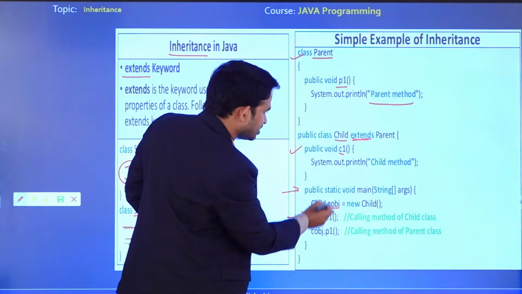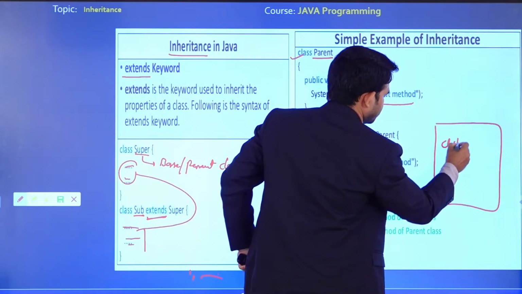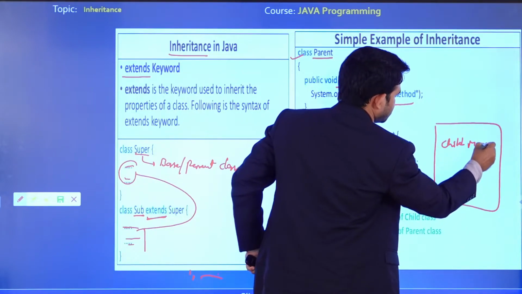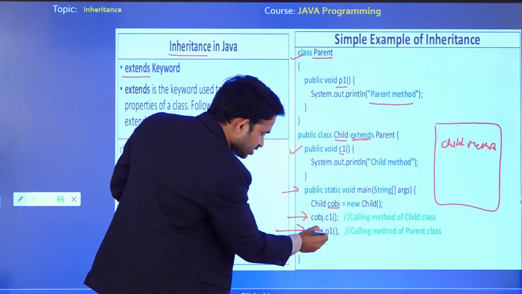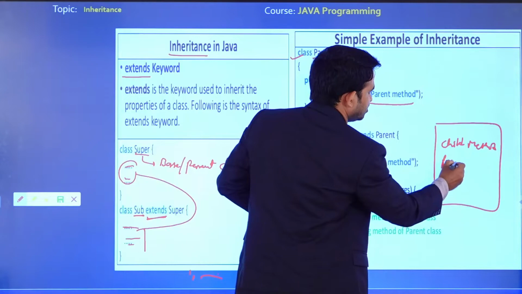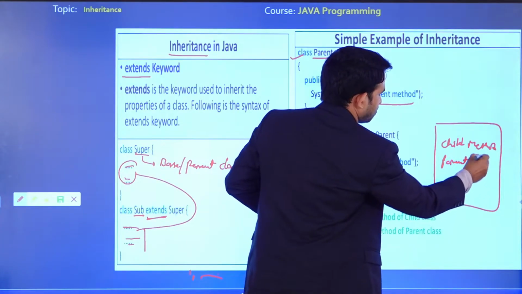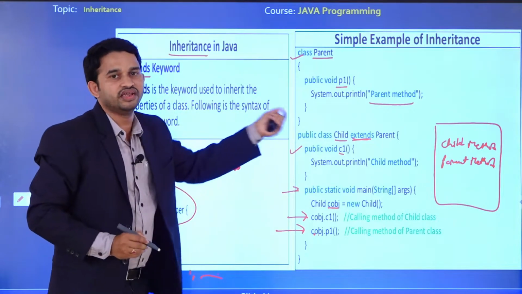What is the first method here? C1. So the output is child method. Next, cobj.P1. What does P1 contain? Parent method. So next, parent method is displayed. This is a simple example of inheritance.